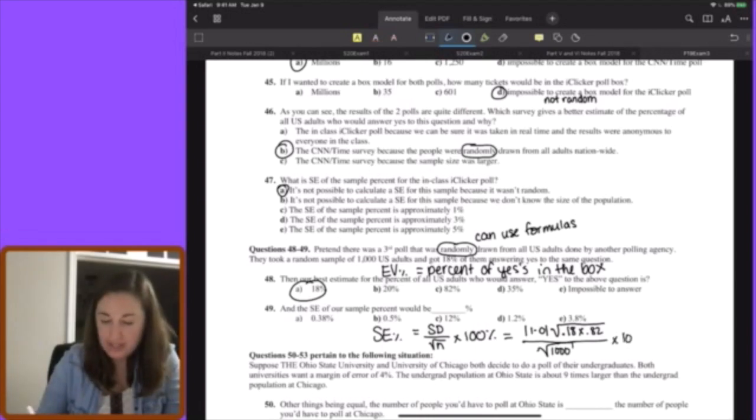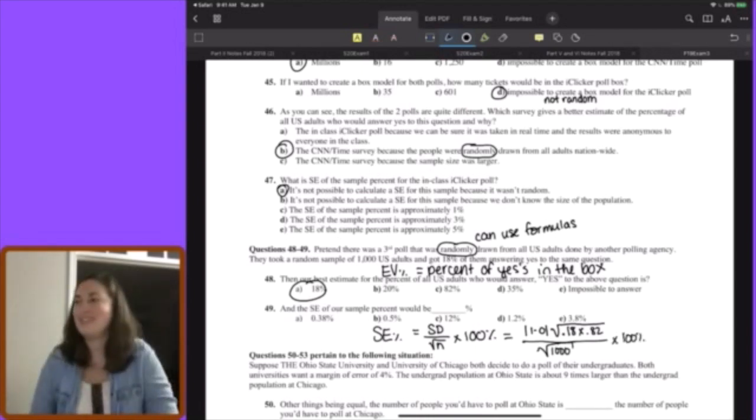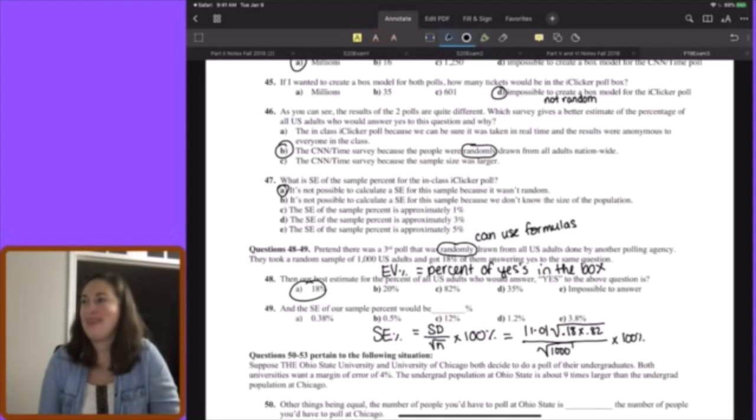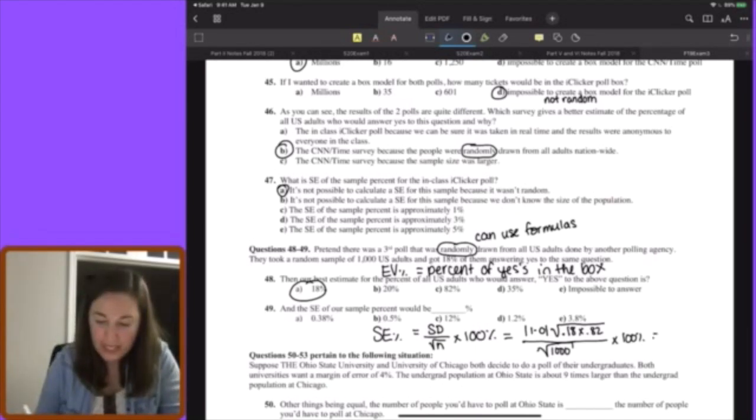And then times 100%. Cool. And then that gives me, if I do this, I should get about 1.2%, I think.